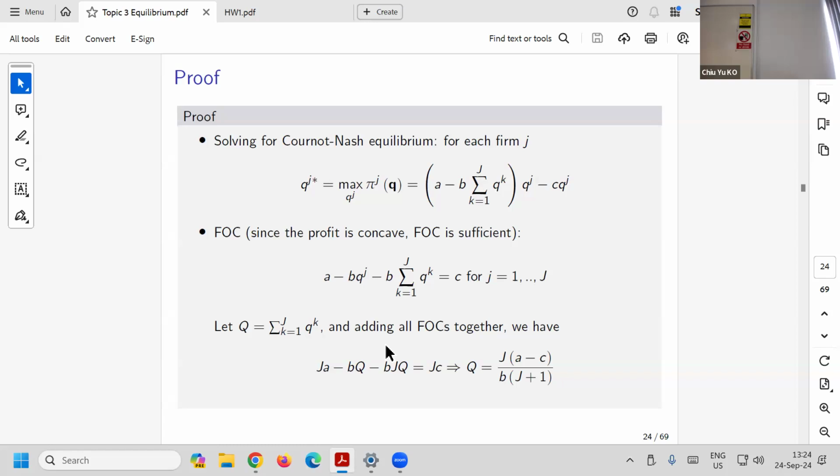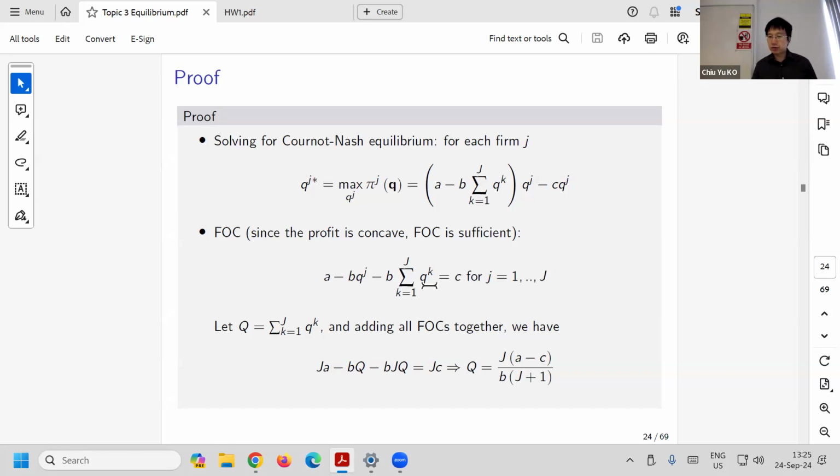You just sum all the FOCs together, you get this one, because it is J of this, and the sum of all the small q is the big Q. The sum of all that is the big Q, so it's J Q, and then you can solve for the aggregate quantity. This is usually the shortcut for solving a linear model. Once you have that, you can go back to here and put this back into this.